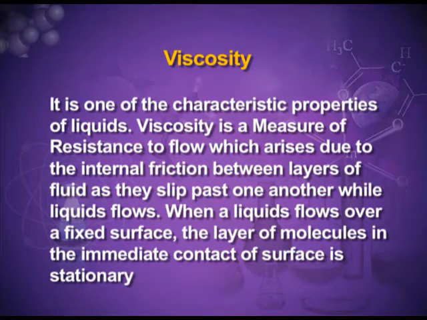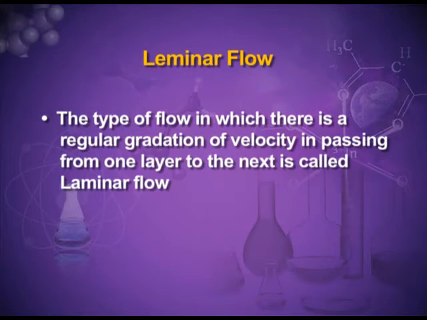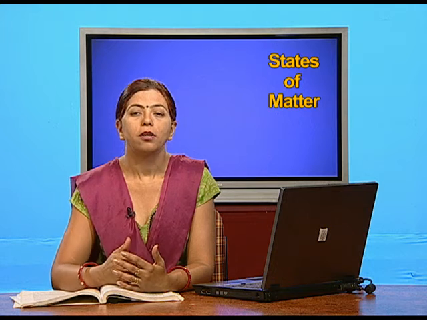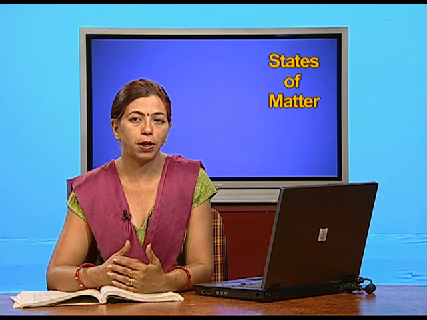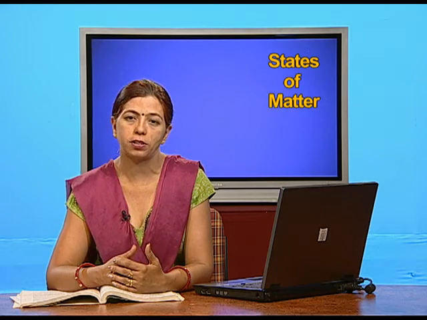When a liquid flows over a fixed surface, the layer of molecules in immediate contact with the surface is stationary. Laminar flow. This type of flow in which there is a regular gradation of velocity in passing from one layer to the next is called laminar flow. Viscosity can be compared with the friction between two solid surfaces.